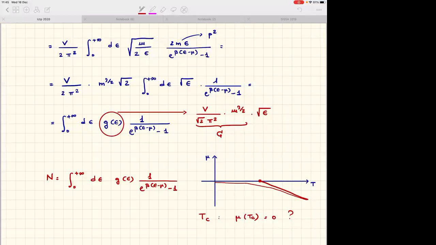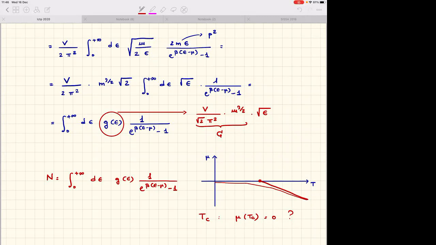The requirement is like that from the beginning. Well, so for this particular case, there is such a solution. But mind something important. It's not always true. For a three-dimensional system, we will see in a second that for three-dimensional bosons, there is a temperature such that the chemical potential at that temperature is equal to 0.